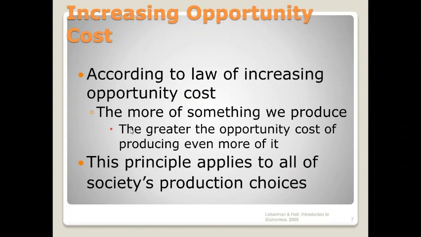So we have increasing opportunity cost, according to the law of increasing opportunity cost. The more of something we produce, the greater the opportunity cost to produce even more of it. So in order to produce more of something, we would have to give up a lot of our practical resources.